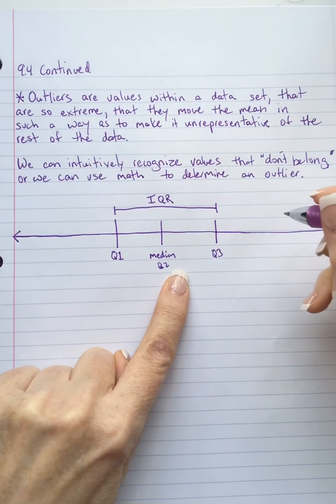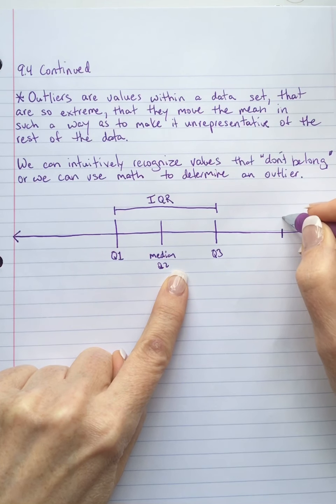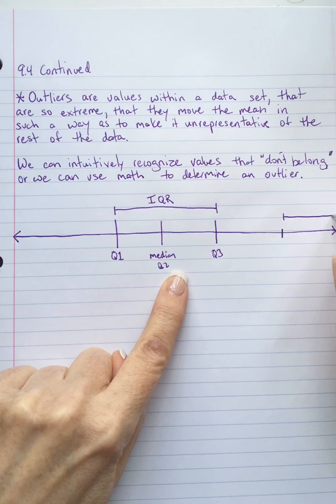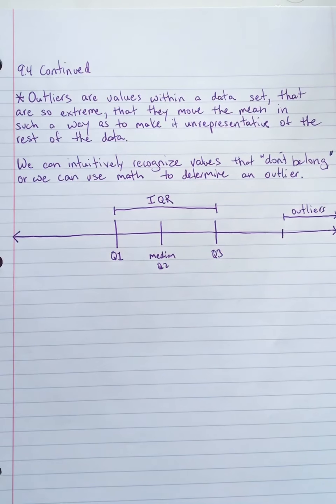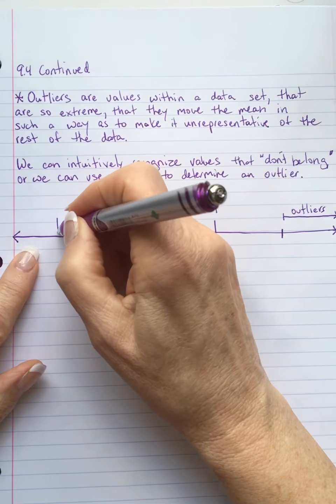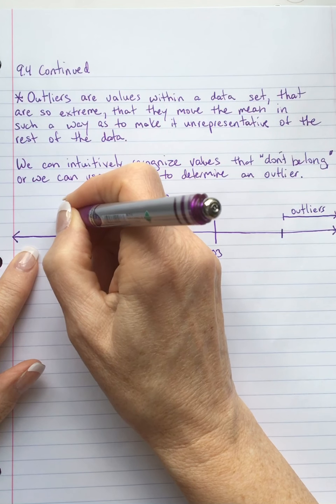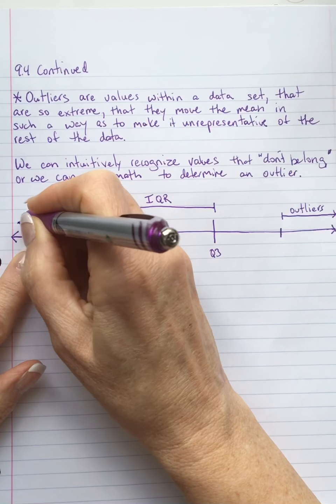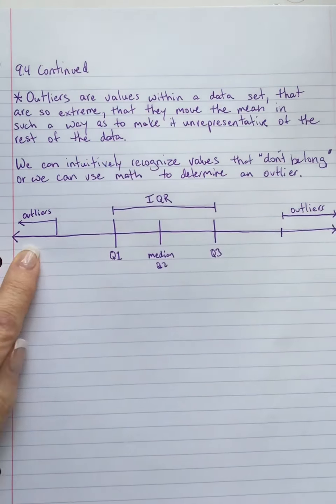So there is a point at which the numbers become outliers, both in the upper half and in the lower half.